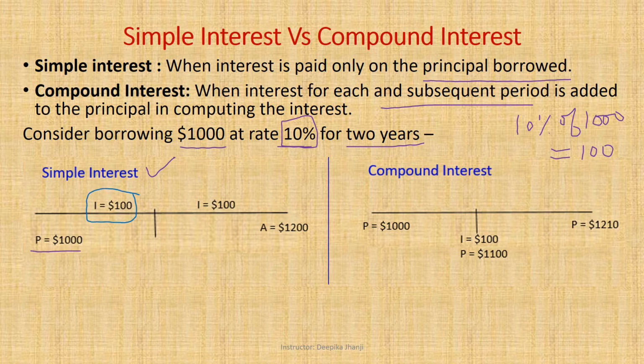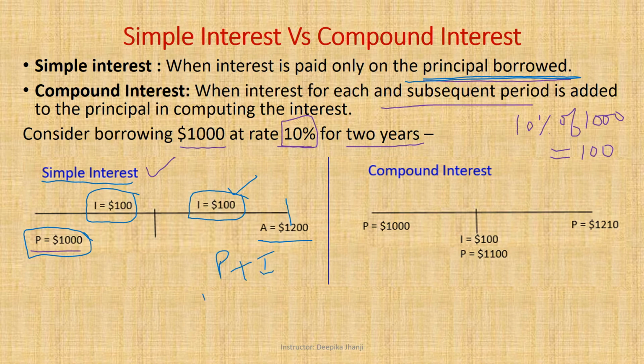Because it is simple interest and the interest should be on principal borrowed, for the second year again we're going to pay 10% of 1000, which is again $100. So by the end of 2 years our amount would be principal plus interest, which is 1000 plus 200 interest of 2 years, and we're going to end up by paying 1200.